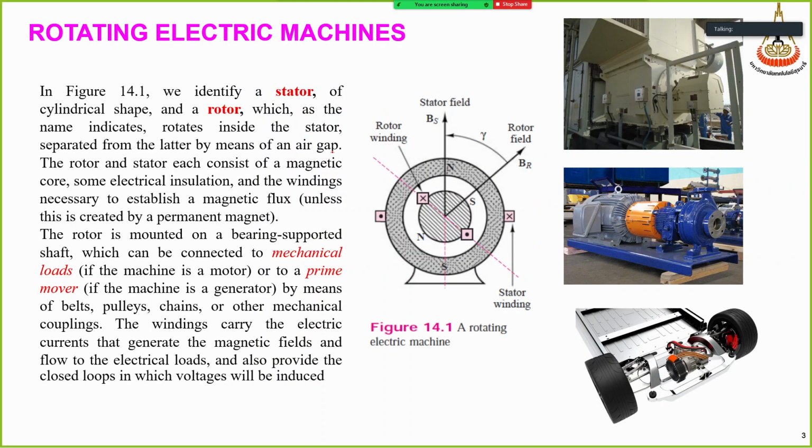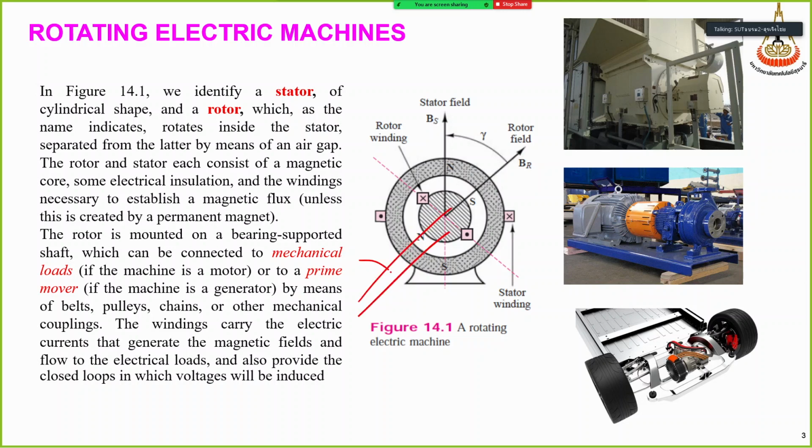Okay. So the rotating machine is the machine that rotates, right? When it works, you change the mechanical power, the prime mover power, right? The prime mover power is the torque and speed, right?